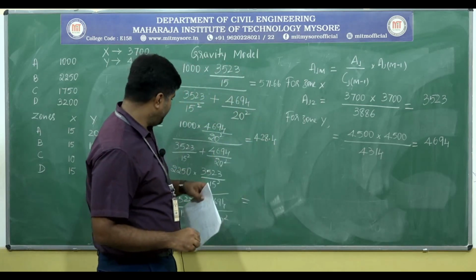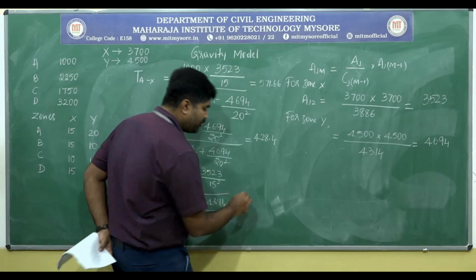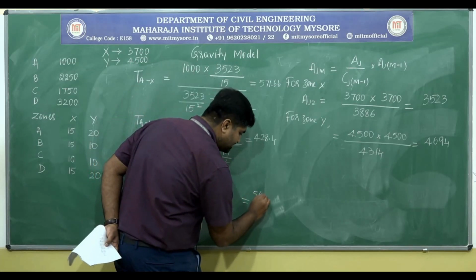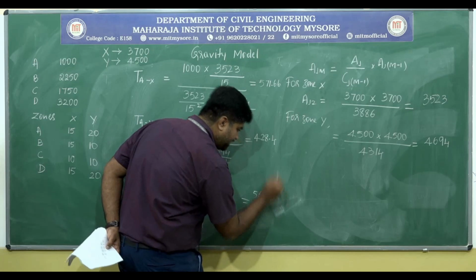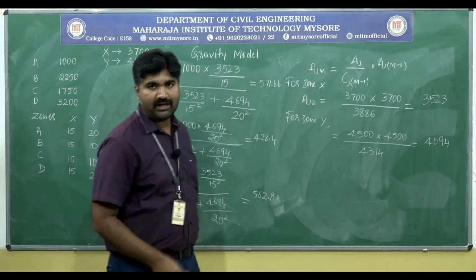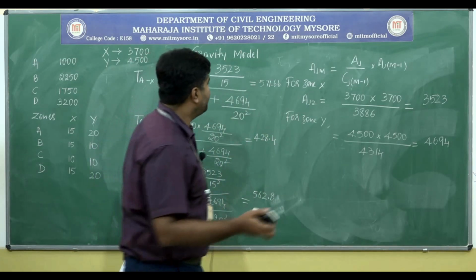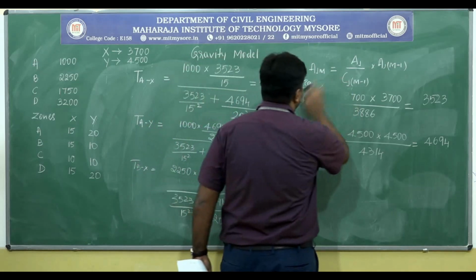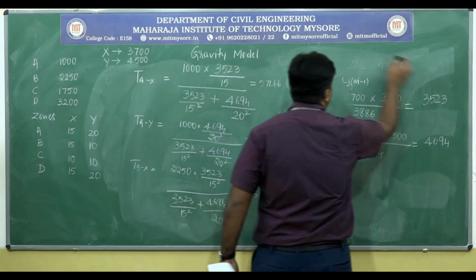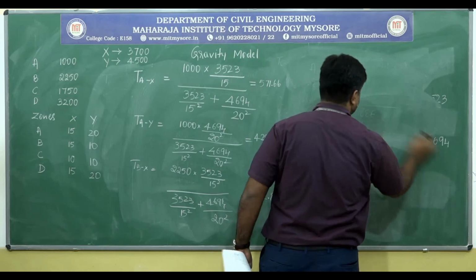Next, B to X I got 562.8. Similarly, calculate for the other zones.